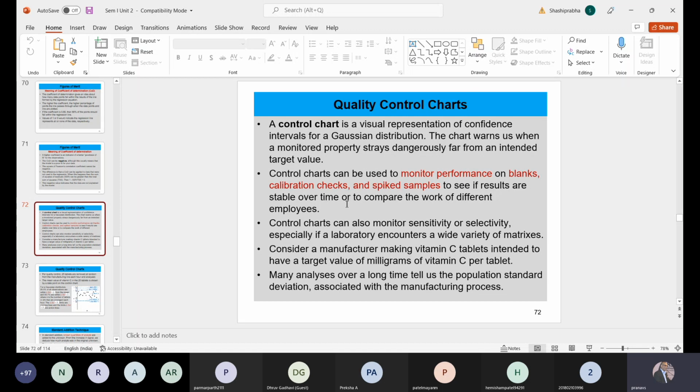This means that this is basically a chart, a display, where, when you are analyzing a very large batch with a large number of samples, one comes to know whether any of the values which you record for your experiment is within the Gaussian distribution or not. So this is a visual representation.